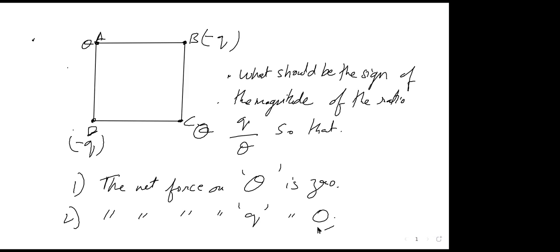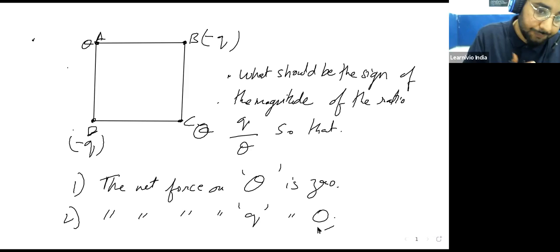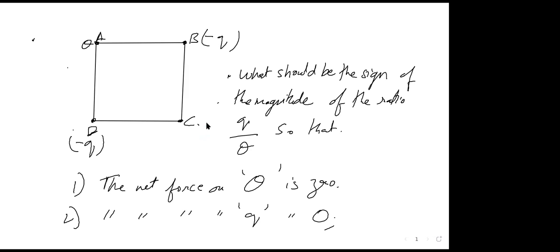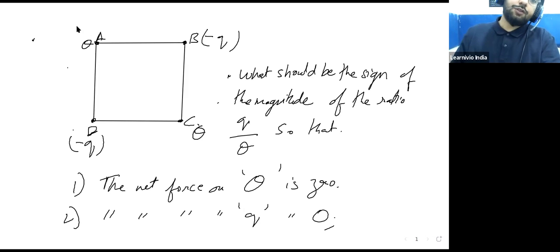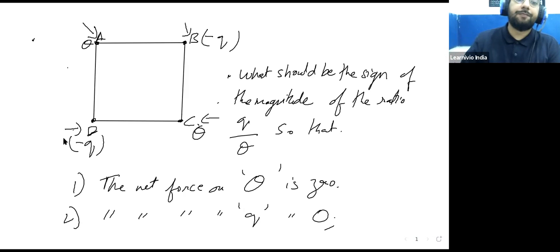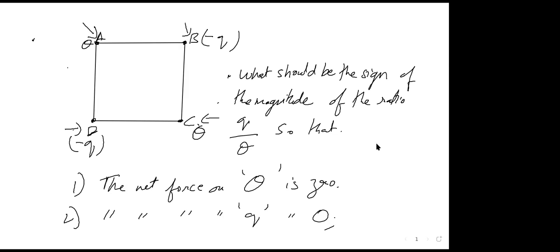So, what charge do we have on the point C? This is also Q. So you have Q at A and C, and small q with the negative sign at B and at D. Go ahead.